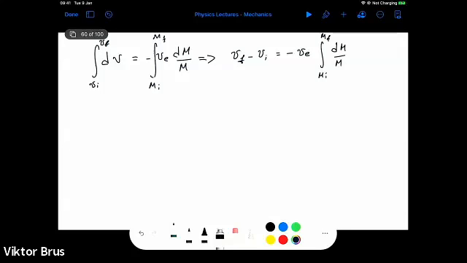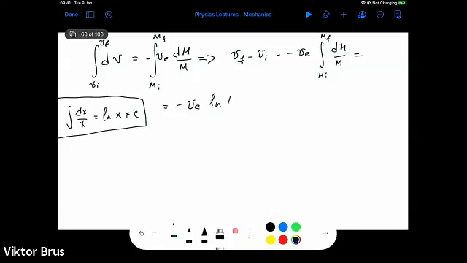So the integral of dx over x is equal to the natural logarithm of x plus some constant. But since we have a definite integral, we don't have the constant. So let us write further. It will be minus V_E times the natural logarithm of M from M initial to M final.